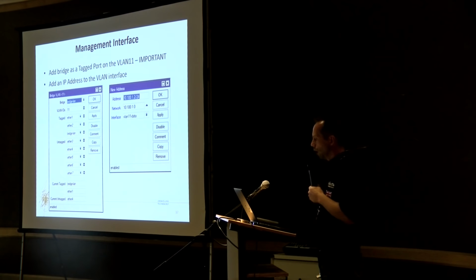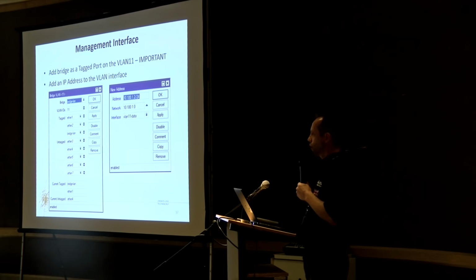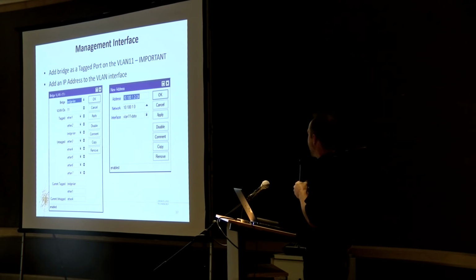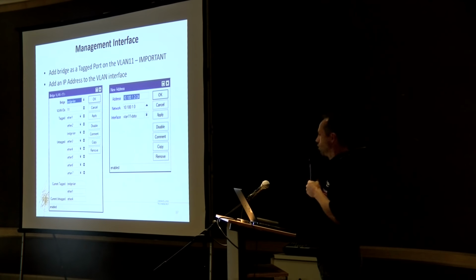Okay, and because we have created that interface and have tagged the traffic at that level, it is egress tagged through the switch CPU. So what we do is we add the bridge interface as tagged traffic, not the virtual interface untagged.